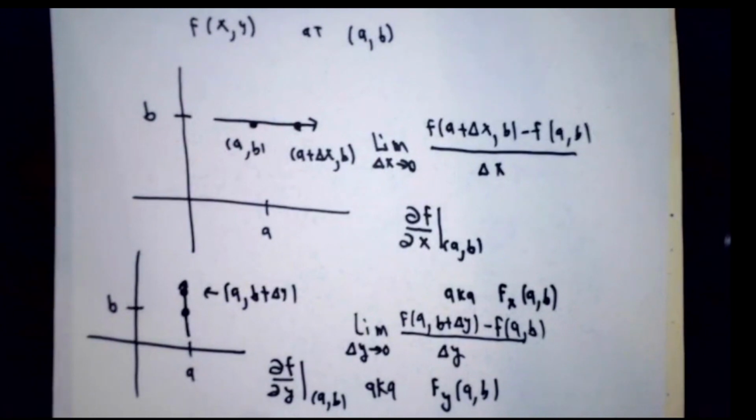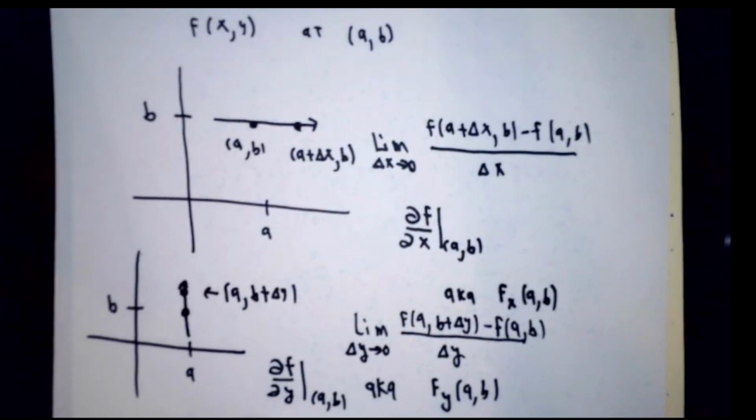We will have as a symbol the partial derivative of f with respect to y evaluated at (a, b), or we might write f with a subscript of y to indicate what's the variable now, evaluated at (a, b).